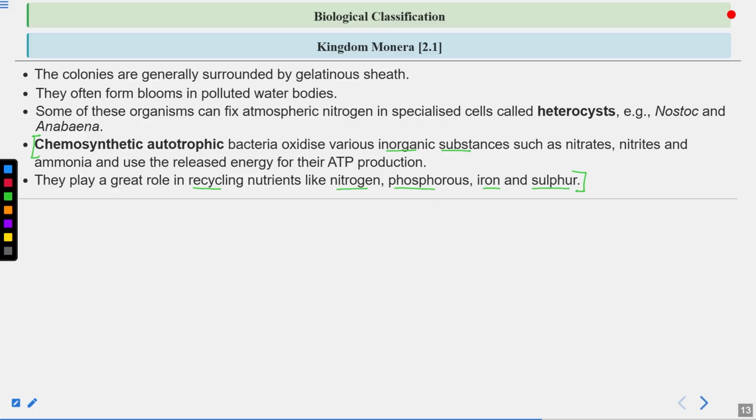All the nutrients return to the soil and are absorbed by the plants. Then again the plant will die, and the organic matter will be decomposed. These bacteria will act on the decaying organic matter, and it will be converted into inorganic substances. Then mineralization will take place. Basically, nutrient recycling is occurring here.